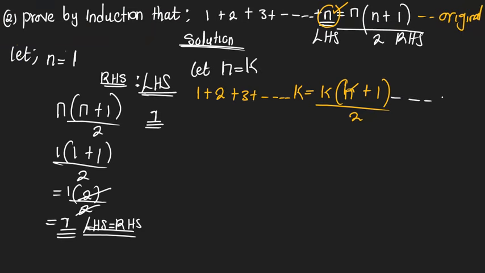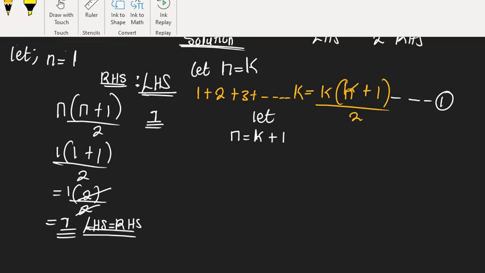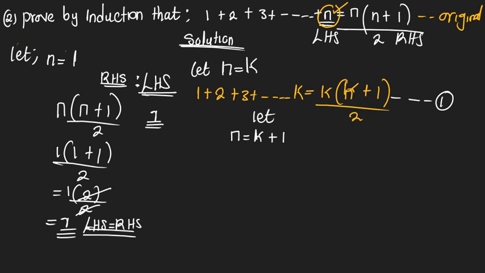You name this one equation 1. Then you let your n be equal to k plus 1. Then you rewrite the whole thing: 1 plus 2 plus 3 plus, where there is this k, you write it originally the way it is.